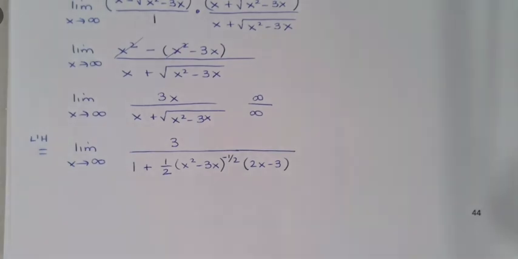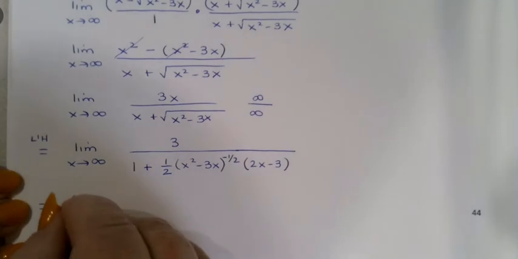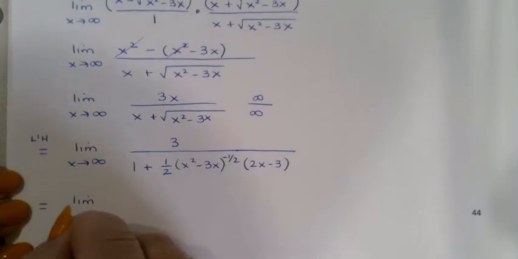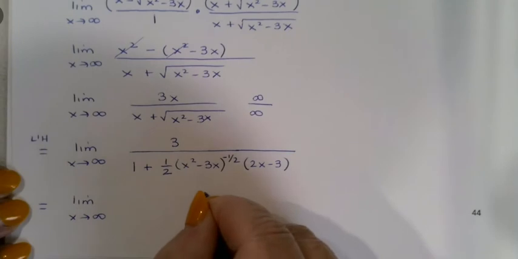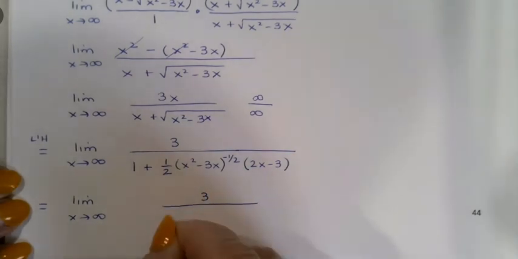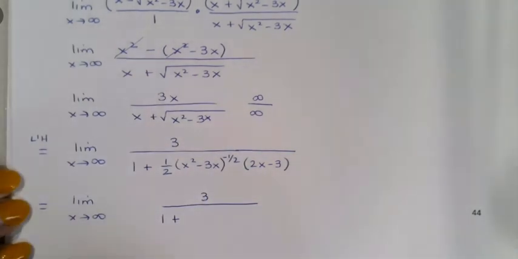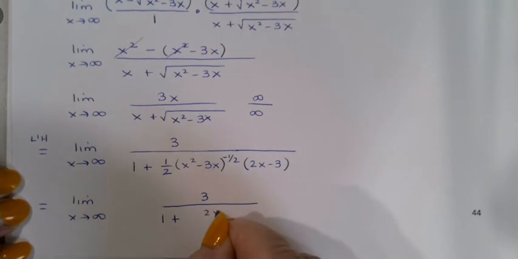All right, well, let's see here. That's actually 3 over 1 plus 2x minus 3 over 2 times the square root of x squared minus 3x.